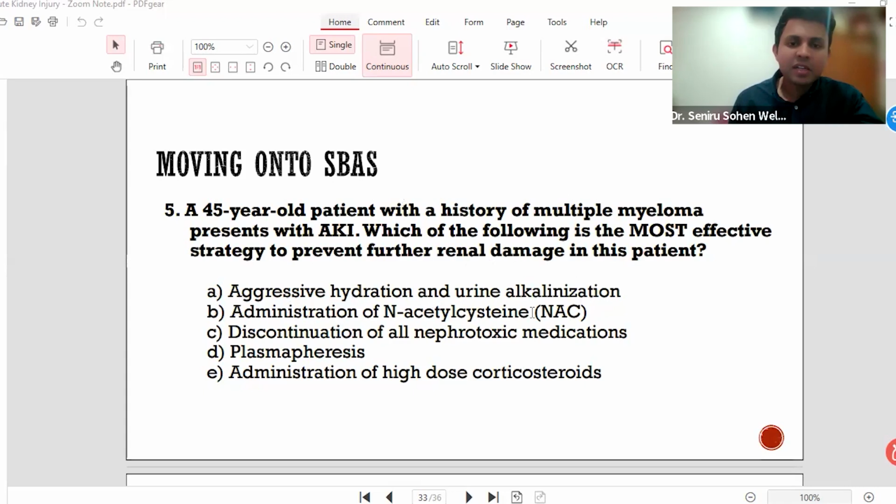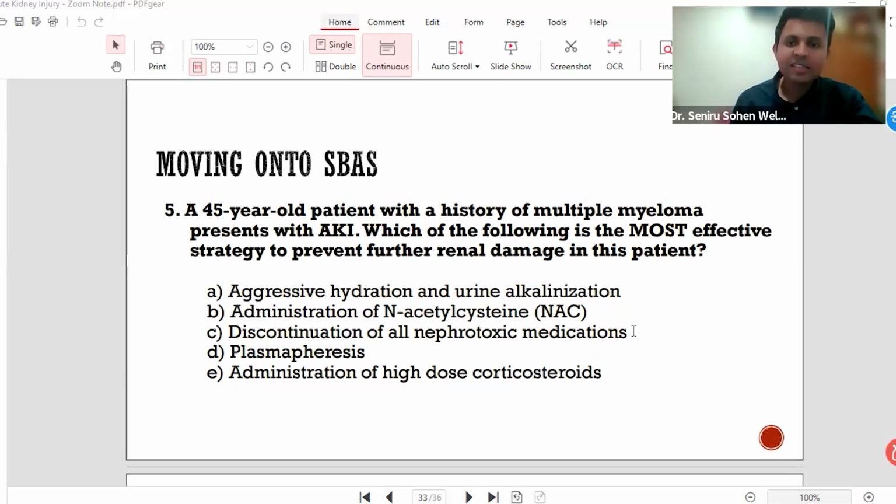So aggressive hydration and urine alkalization looks like a sensible option because that will reduce the effect of the light chains as well as it will prevent their precipitation. Administration of NAC. So NAC is a drug that is usually given to prevent contrast-induced nephropathy, although there is not much proven benefit for it. Doesn't seem like a viable option here.